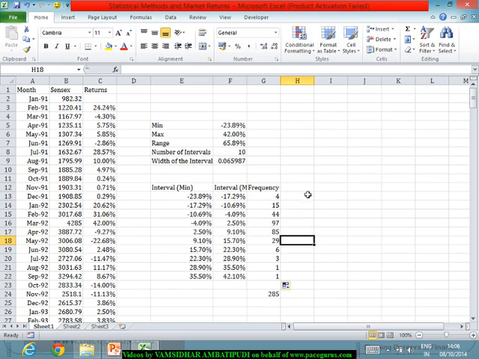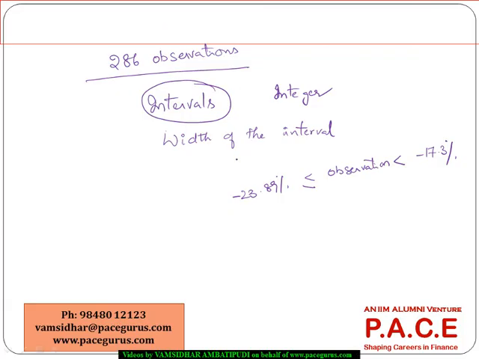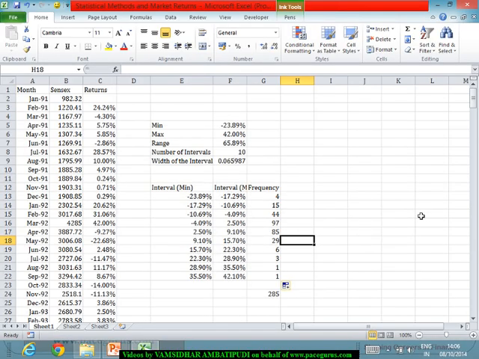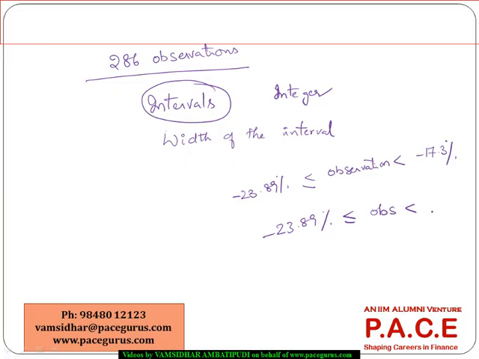So it is as good as saying minus 23.89% less than or equal to each of the observations less than minus 17.29%. So here it becomes minus 17.29% less than or equal to the observations less than minus 10.69%.